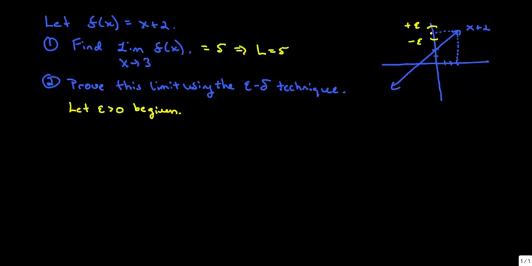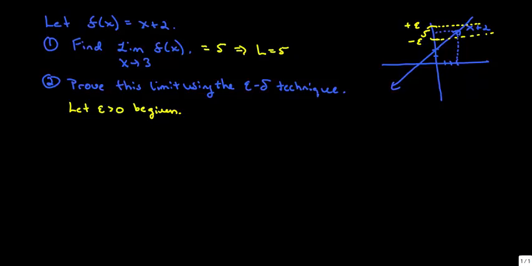So I think the limit, we're going to call it 5 because that's L. And so what I want to do is prove that I can find a delta so that all function values are within 5 plus a little bit and 5 minus a little bit, epsilon being the error amount, how much we're off by.